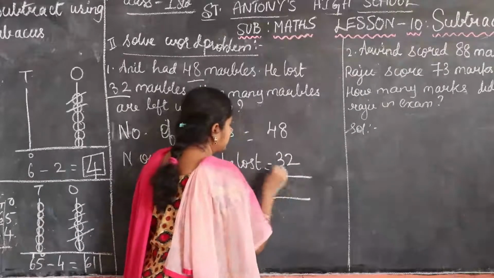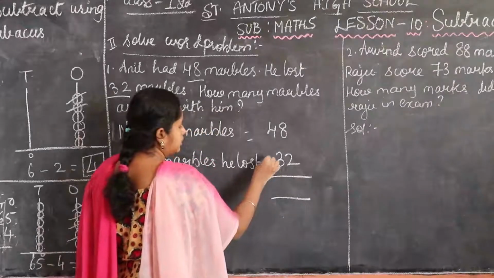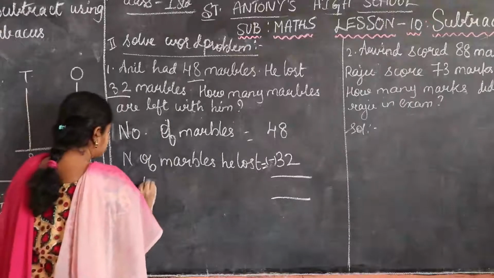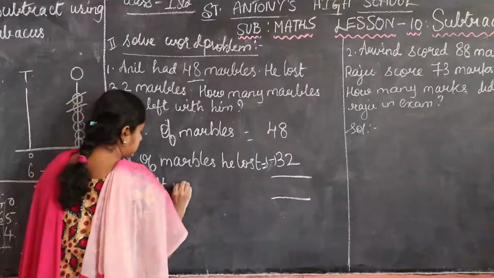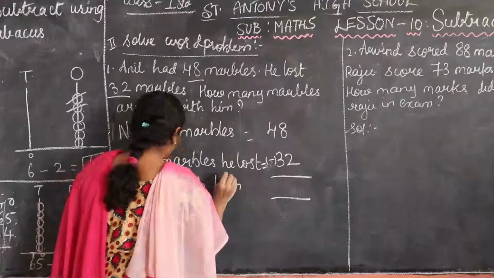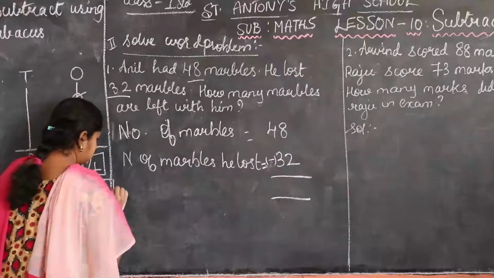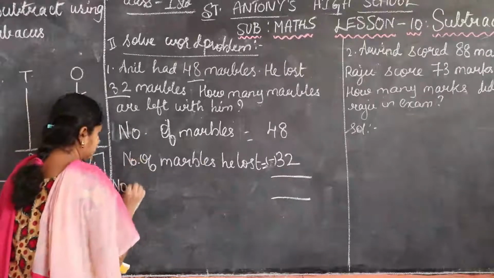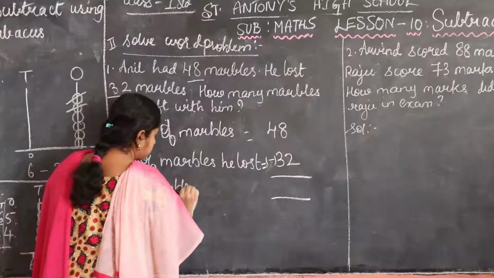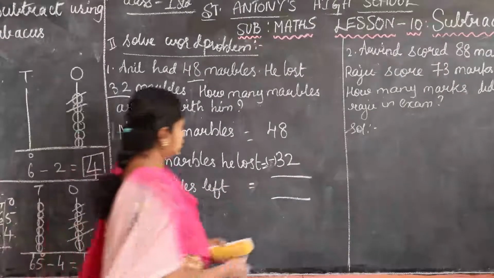So what we have to write here? We have to subtract. So don't forget to put the minus sign. Okay, and last what you have to write? Number of marbles left with him.